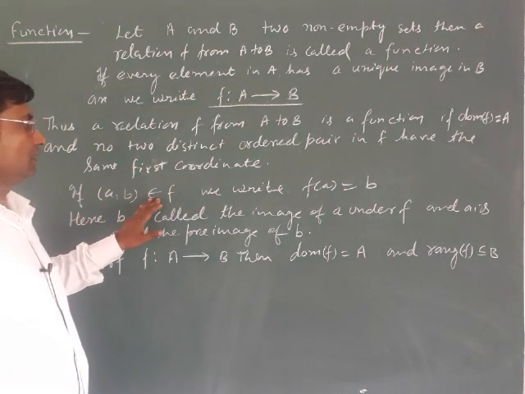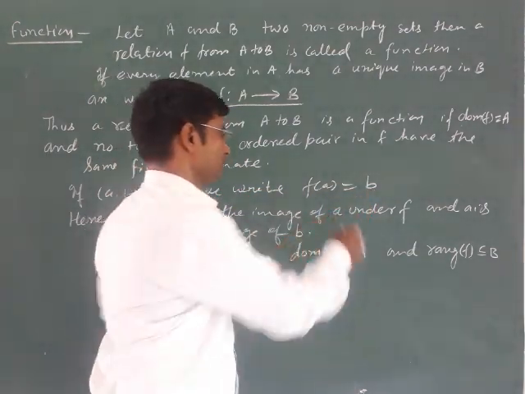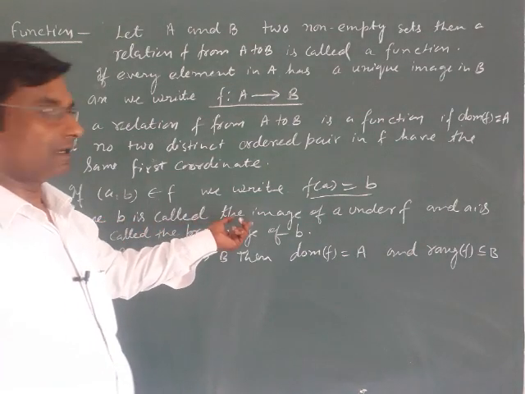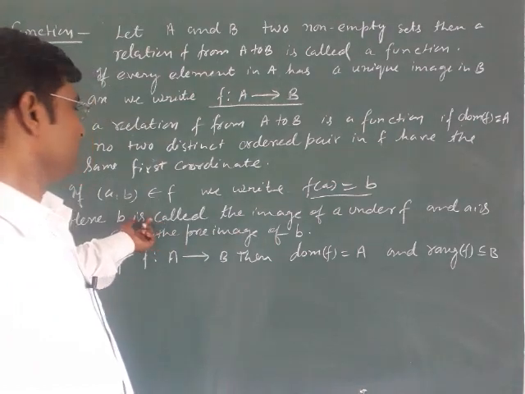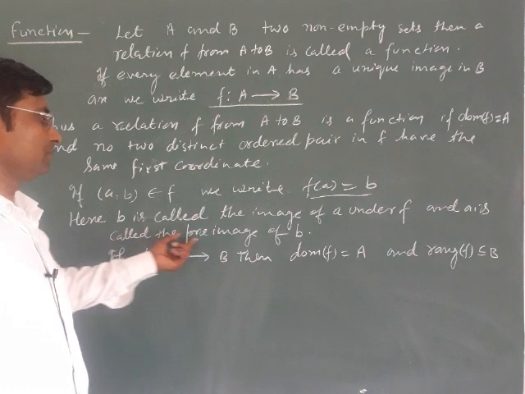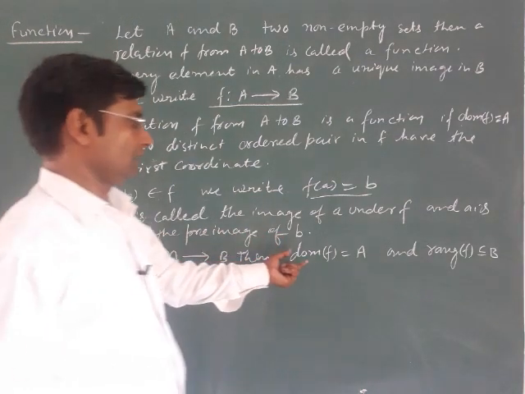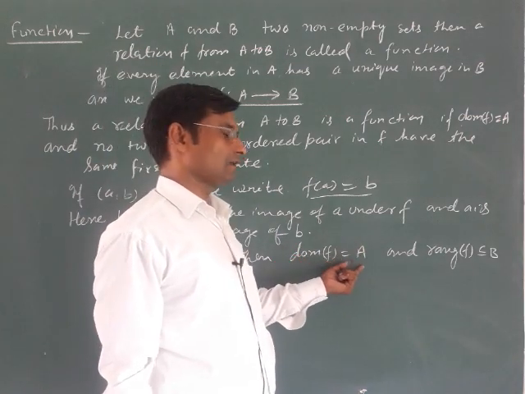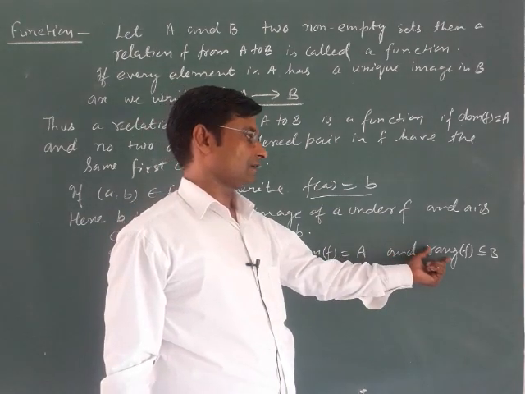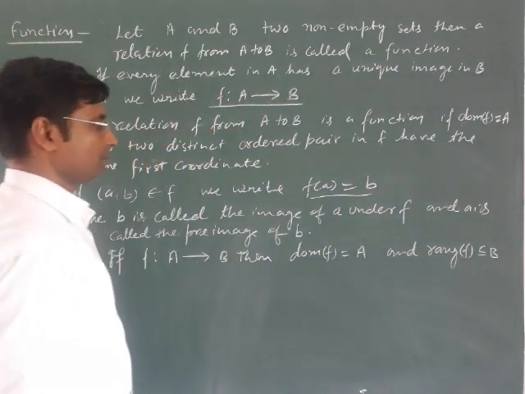If (a, b) belongs to F, we write F(a) is equal to b. b is called the image of a under F, and a is also the pre-image of b. If F is from A to B, then the set A is called the domain and the set B is called the codomain. The subset of B is the range.